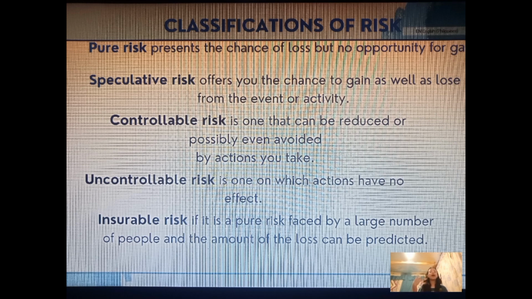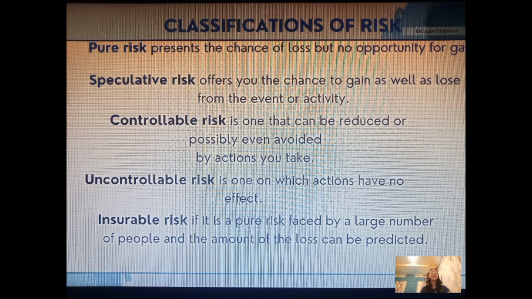For example, uncontrollable risks include natural disasters such as earthquakes, hurricanes, floods, wildfires, as well as geopolitical events like wars, political instability, and terrorism.